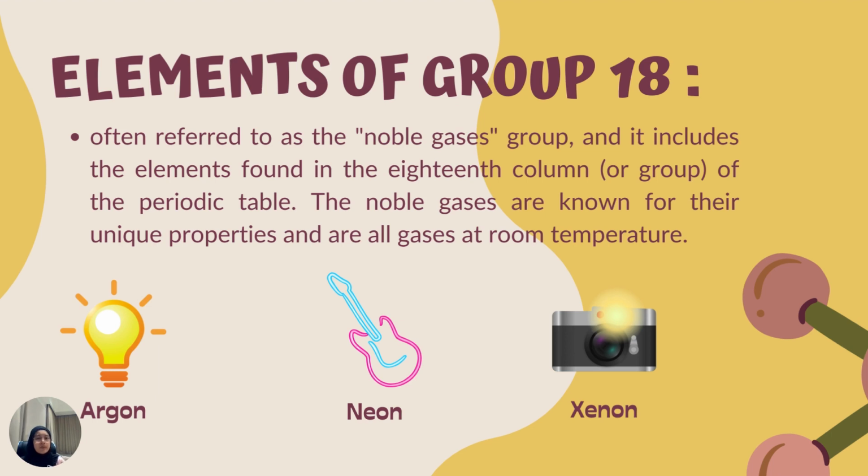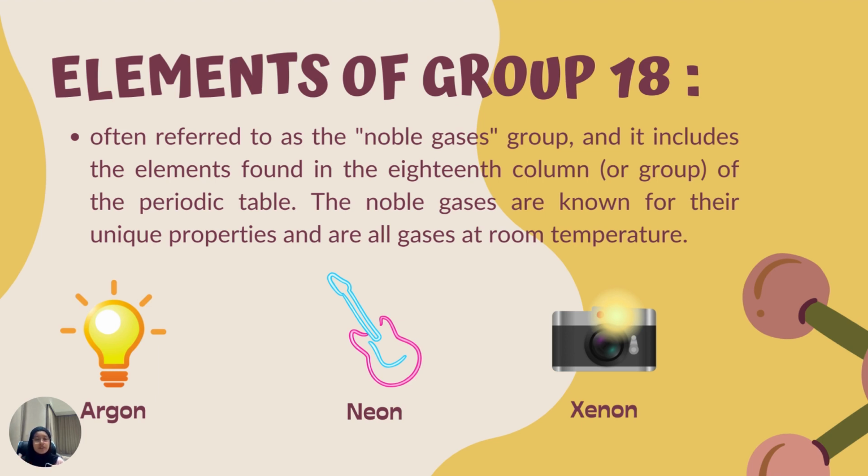Basically, we do use some elements of group 18 in our daily life. For example, we use lights in our daily life. Inside the light bulb, we have an element which is argon.